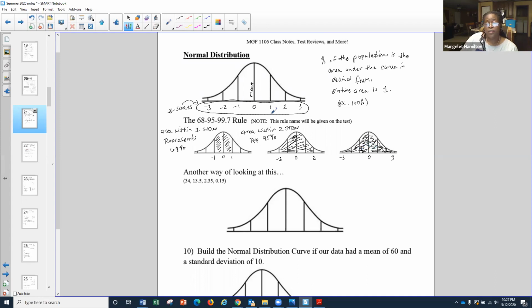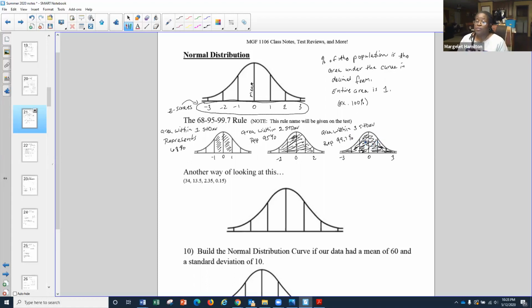This represents the 99.7% of our population. Now remember, I didn't color in these little tidbits on the sides there. I didn't get there yet. So that's why it's 99.7%.